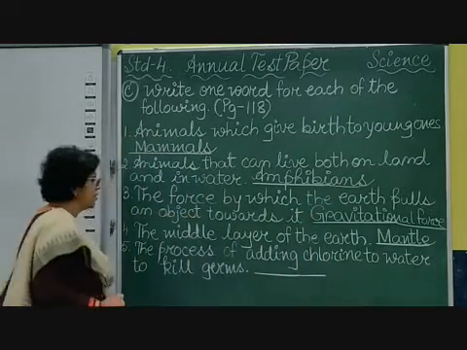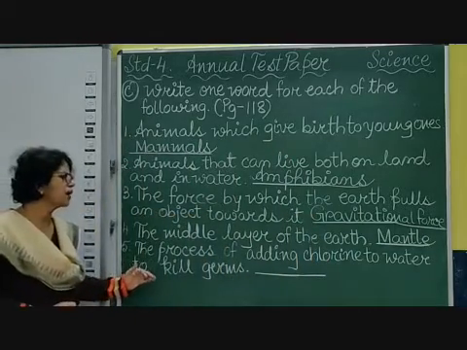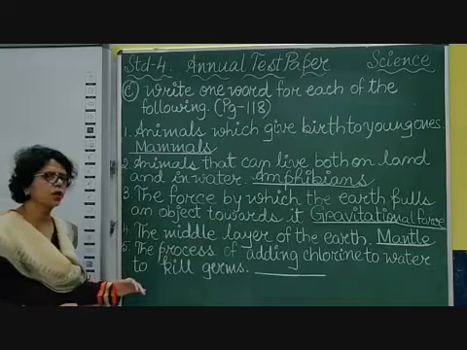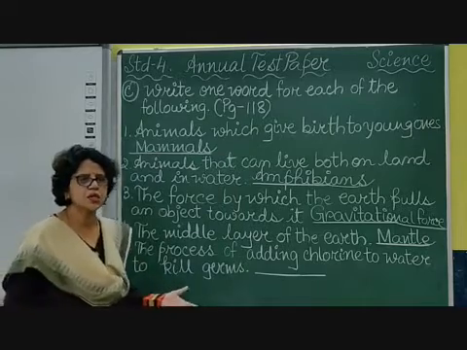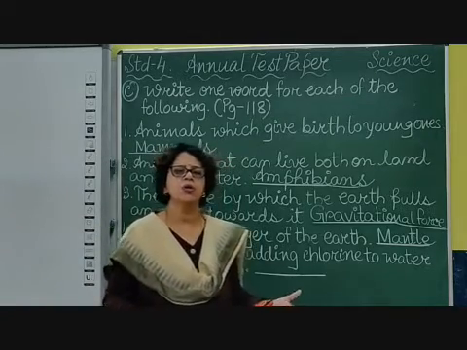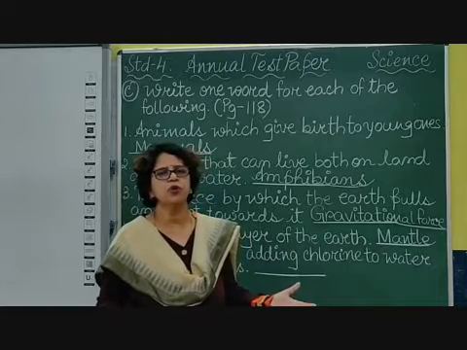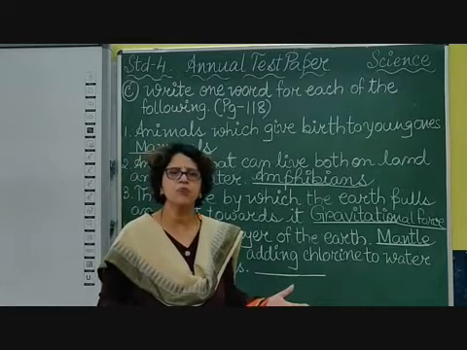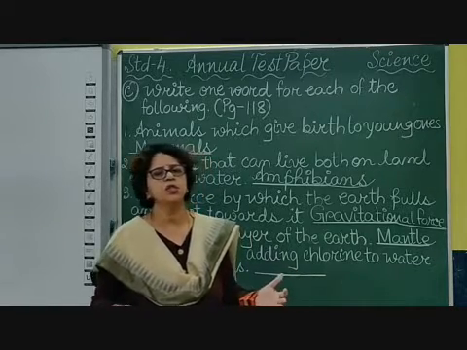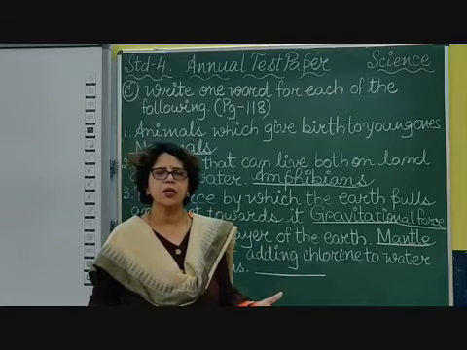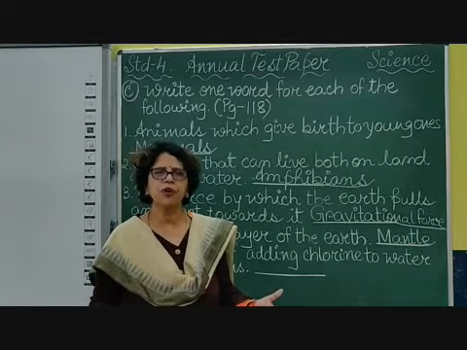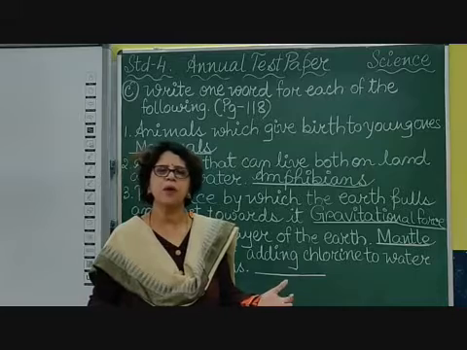And coming to the fifth one, children, the process of adding chlorine to water to kill germs. We discussed that when water is impure, we need to purify it, we need to kill the germs, we need to remove the soluble and insoluble particles from it. So there are different ways of cleaning. One is by boiling.